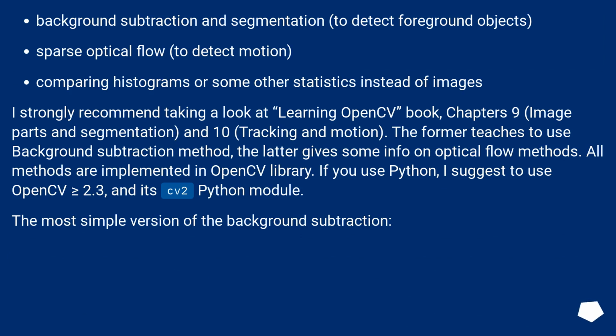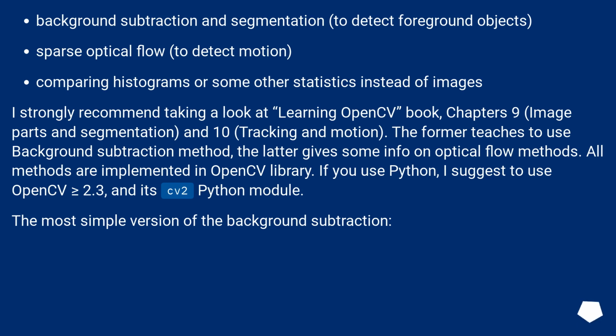I strongly recommend taking a look at Learning OpenCV book, Chapters 9, Image Parts and Segmentation, and 10, Tracking and Motion. The former teaches to use background subtraction method, the latter gives some info on optical flow methods. All methods are implemented in OpenCV library. If you use Python, I suggest to use OpenCV greater than or equal to 2.3, and its cv2 Python module.